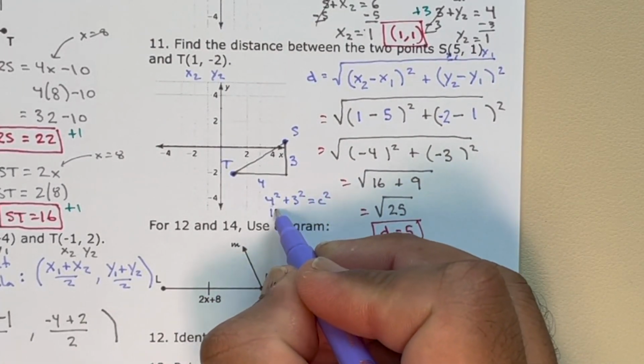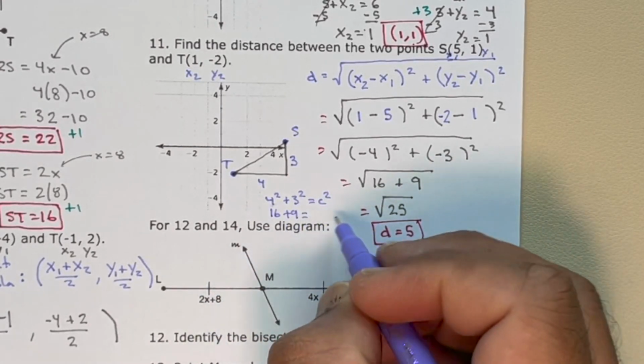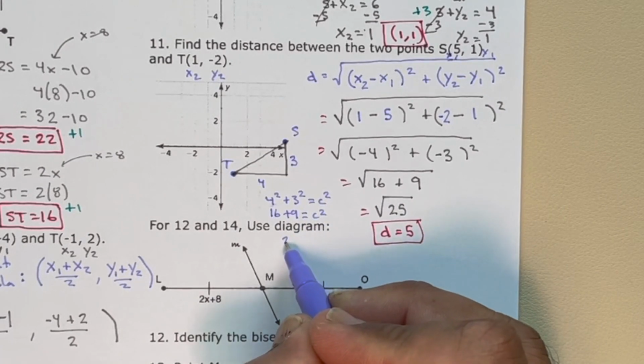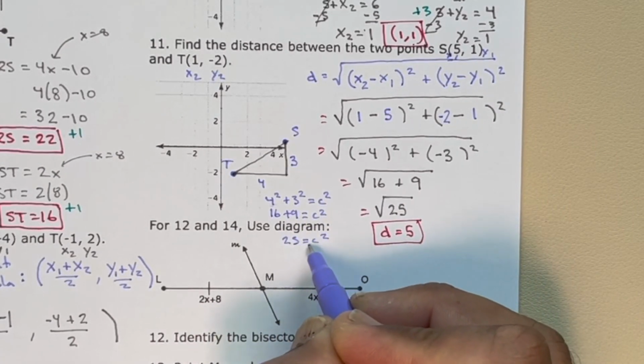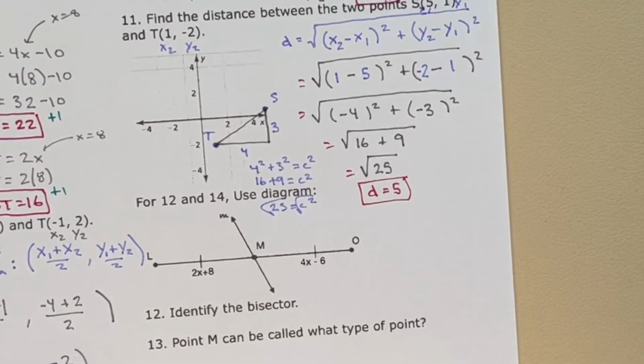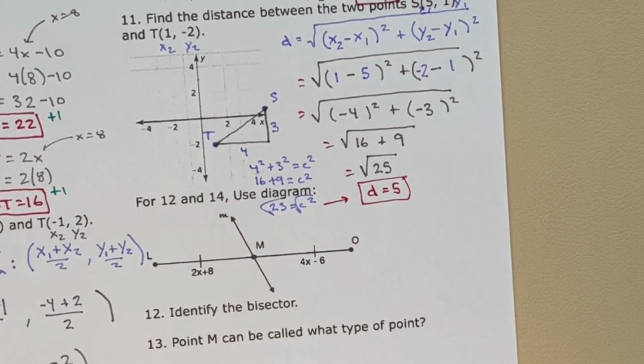So then I get 16 plus 9 equals c squared. I'm kind of running out of room there. Got 25 equals c squared. And if I square root, sure enough, I also get that my distance, or my hypotenuse, is 5.